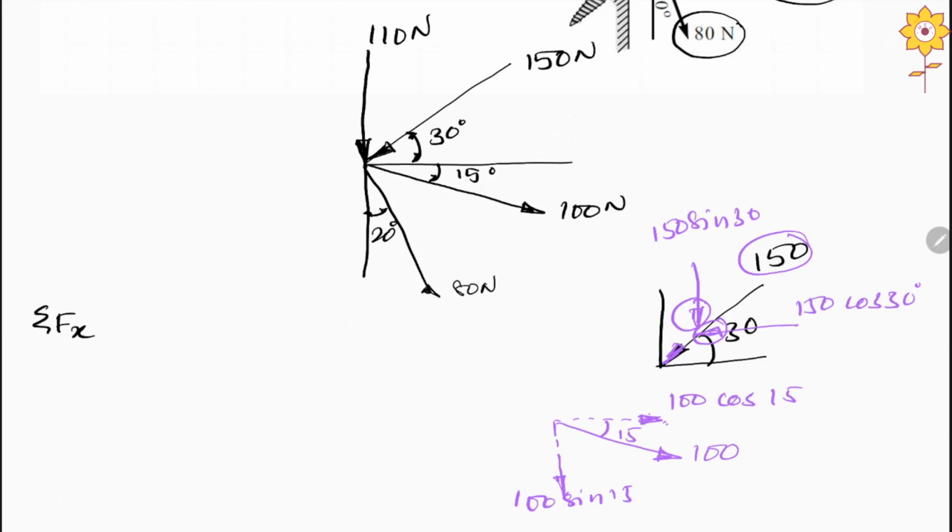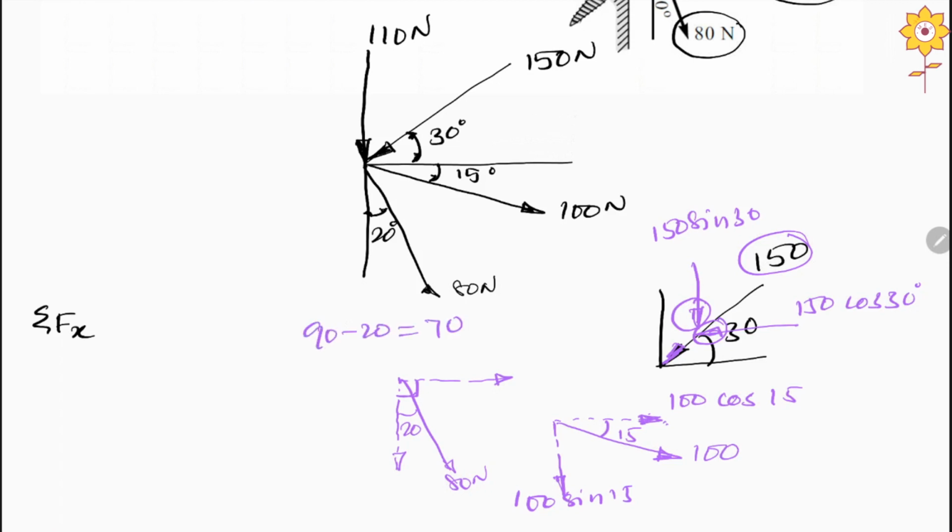We have one more force, that is 80. This is making an angle with the vertical line, that is 20. I am going to take the angle with the horizontal. Horizontal means this angle is 90, so 90 minus 20 will be 70.